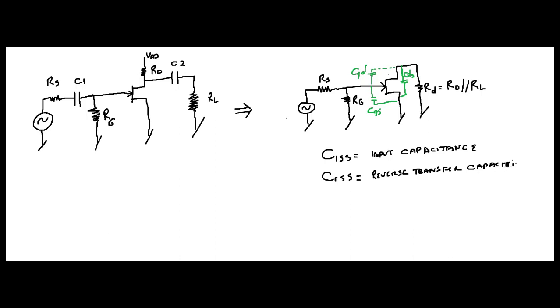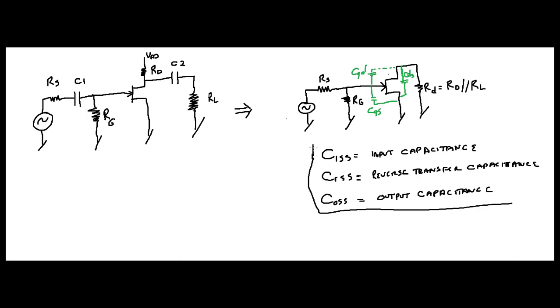That's a single T, A, N, C, E. All right. And then we have COSS. And that's equal to the output capacitance. All right? These are the values that you're going to find on a data sheet.